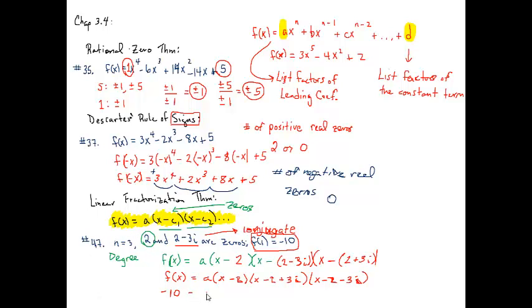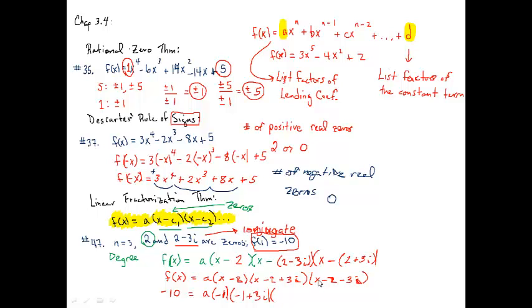So I have negative 10 equals, well, the a is still there. Now, what is 1 minus 2? It's negative 1. Everywhere you see an x, put a 1. What is 1 minus 2 again? It's negative 1, but now it's plus 3i.